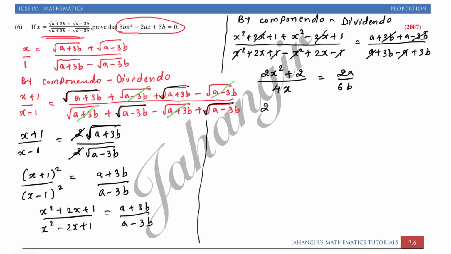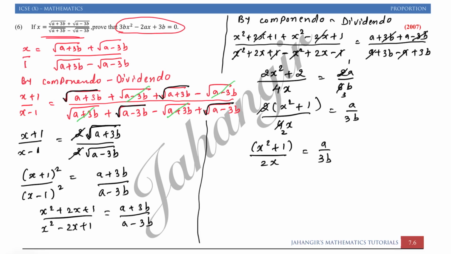So taking out x common, here I can cancel out 2 1s are 2, 3s are, x square plus 1 upon 4x is equal to a upon 3b. 2 1s are 2, 2s are cancel out, x square plus 1 upon 2x is equal to a upon 3b.